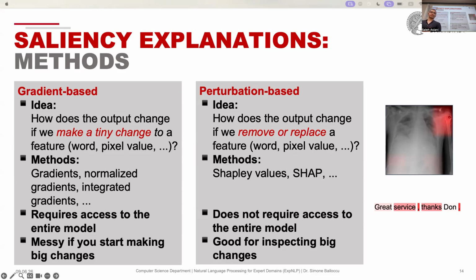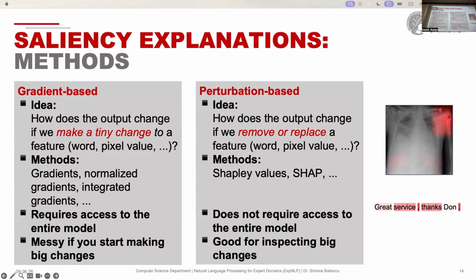For doing this, we need to have access to the model weights and parameters, and the gradients are important to us. So that's a requirement to do the gradient-based method. But we also have perturbation-based methods, where we don't need the model weights, we only need access to the model inputs and outputs.